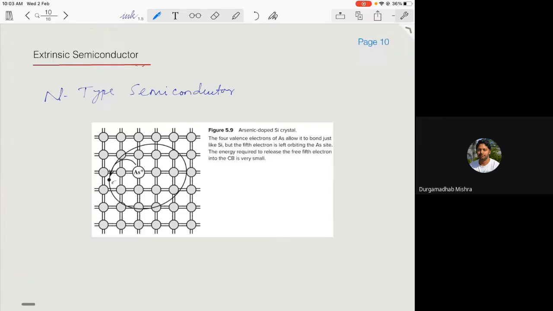When it is doped in silicon, 4 electrons make covalent bonds with 4 of the sp3 hybridized electrons of silicon, and 1 electron remains free.